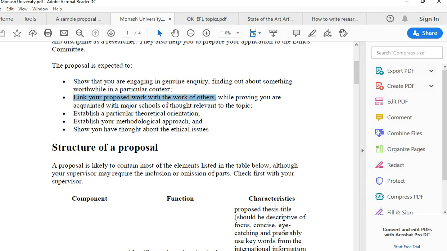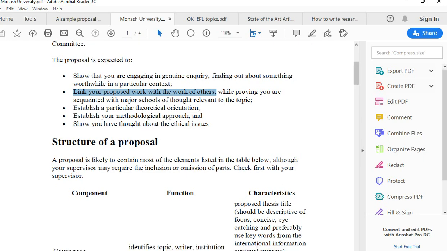So, major schools of thought: you have to include the major theoretical aspects which are related to your study. So, the theoretical and practical part should be presented in the literature review and background of your proposal. Establish a particular theoretical framework, establish your methodological approach, say what is the design of your study, and show you have thought about the ethical issues.